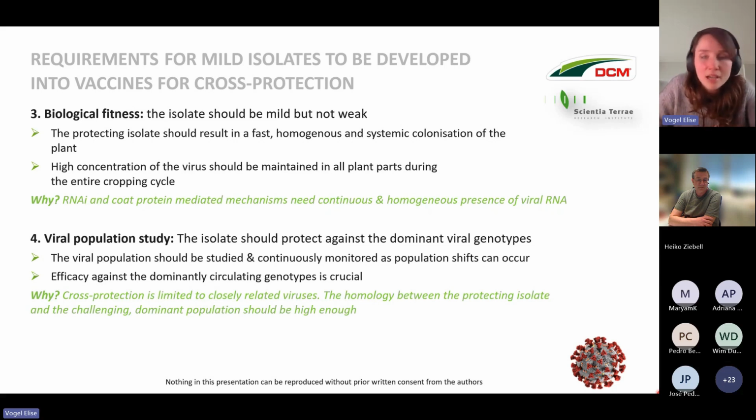And as I mentioned, the efficacy against dominating circulating genotypes is, of course, crucial there as well. As you can imagine, based on the information that Heiko gave at the beginning of the talk, cross protection is very limited to closely related viruses. So the homology between the protecting isolate and the challenging dominant population, rather, should be high enough that your mild isolate actually confers protection.